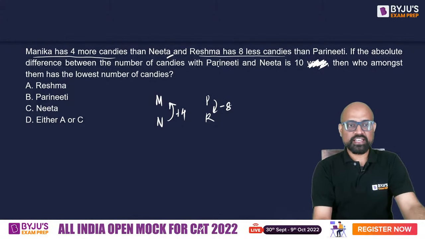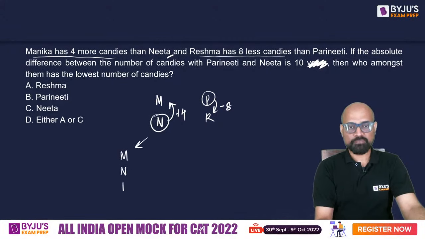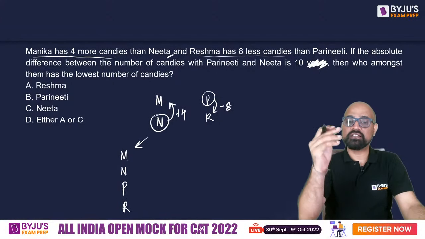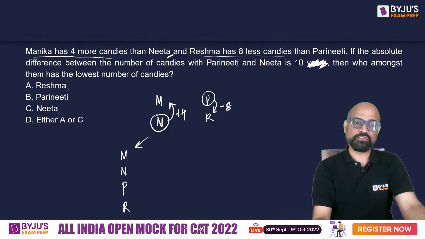Then it is given that the absolute difference between the number of candies with Pariniti and Neeta is 10, as in they are at a gap of 10. If they are at a gap of 10, there are two possibilities. First is M, N, P and R, assuming that Pariniti has less number of candies.